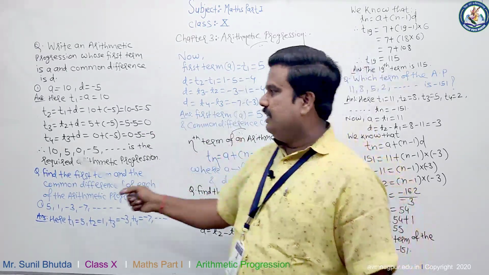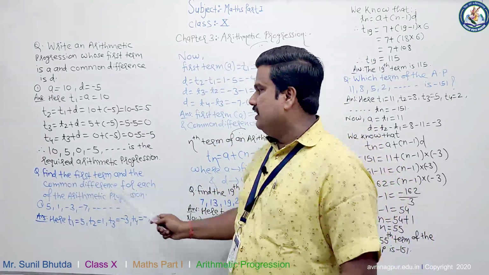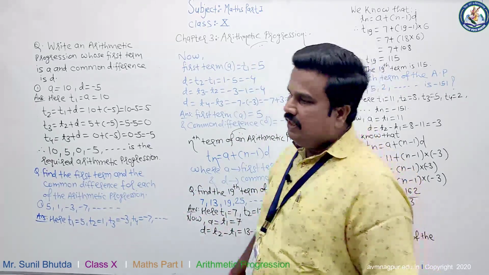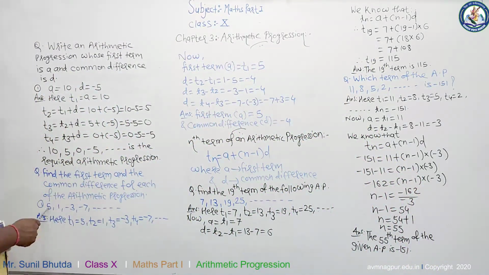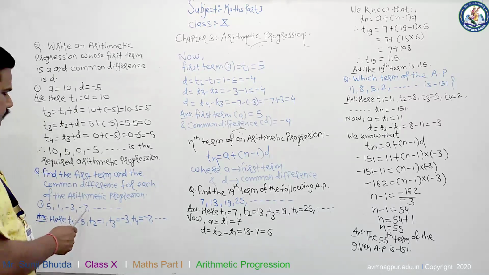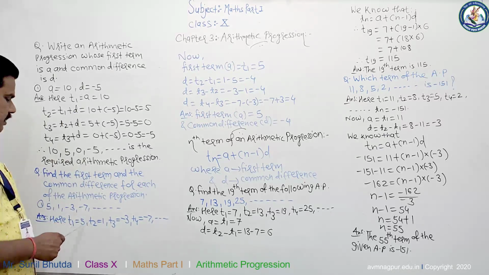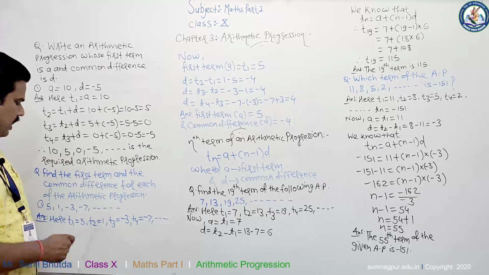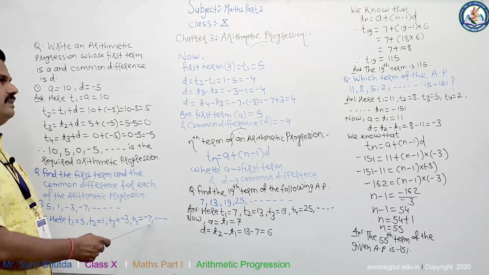Now, the next question is, find the first term and the common difference for the given AP. And the given AP is: the first term is 5, the second term is 1, the third term is -3, and the fourth term is -7. Therefore, I have written T1 equal to 5, T2 equal to 1, T3 is -3, and T4 is -7.